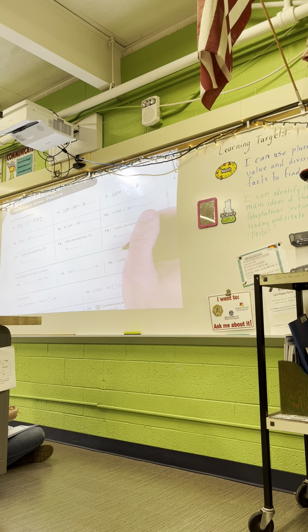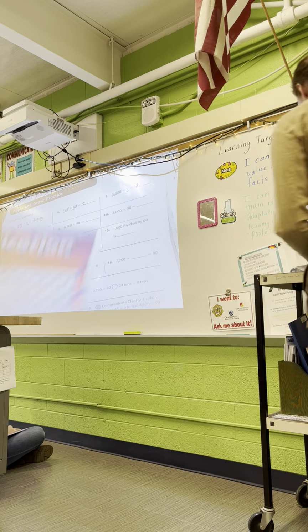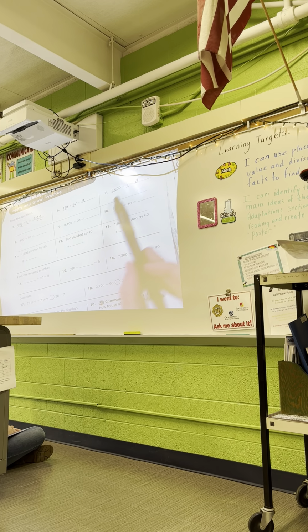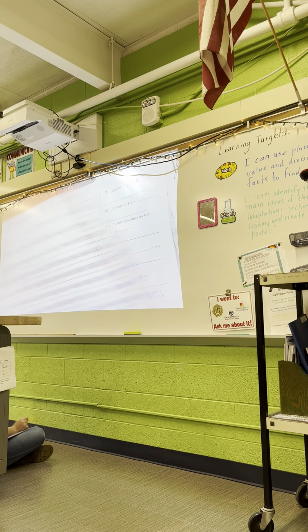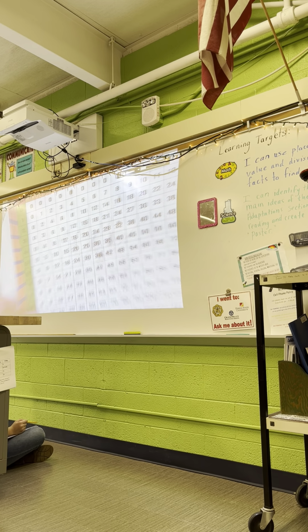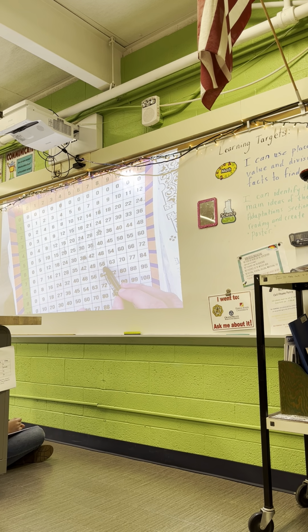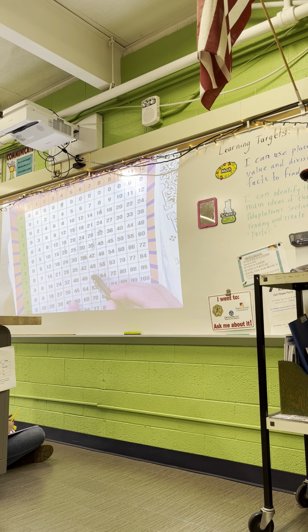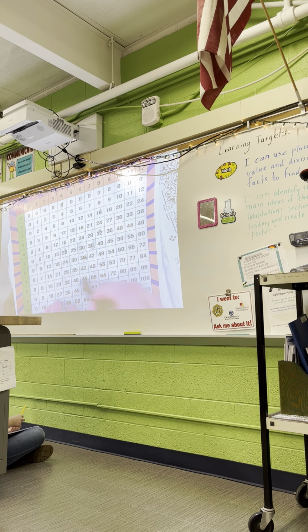All you do is you find 56, and it's 56 divided by 7. So 56, you go to the 7, and then you go right here, it's 8. 56 divided by 7 equals 8.